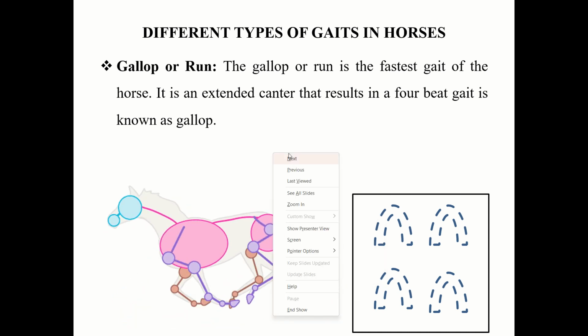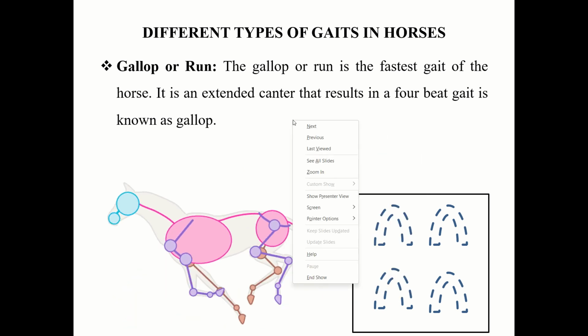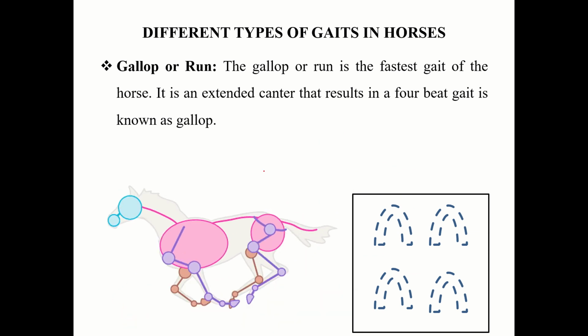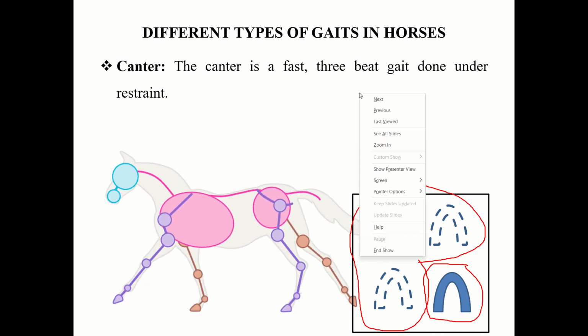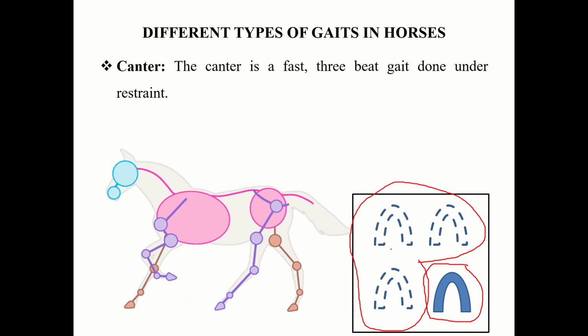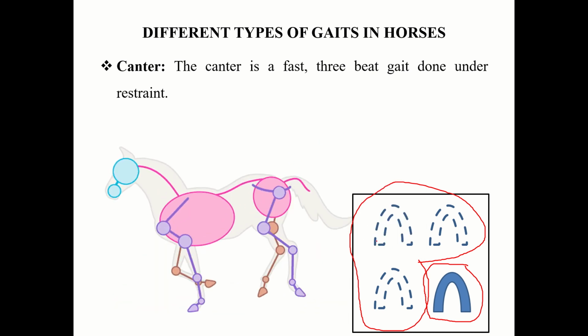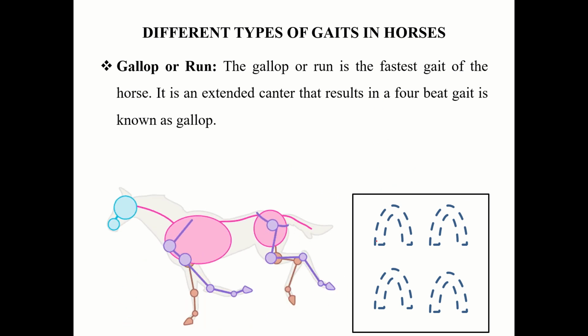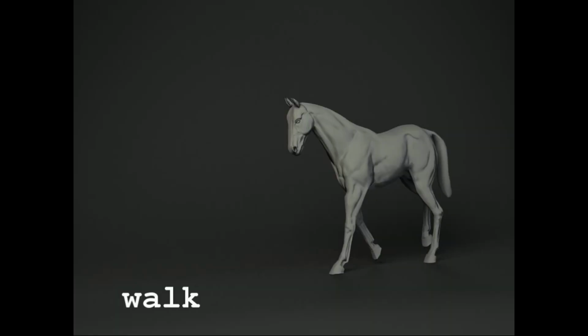I am pausing again and again. See over here, this right foreleg indicates the action of canter. So the gallop or run is the extended canter, nothing else.